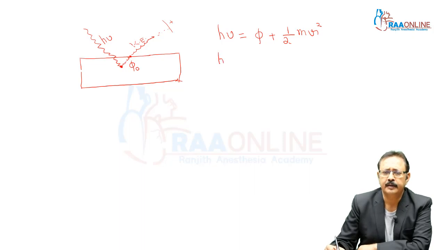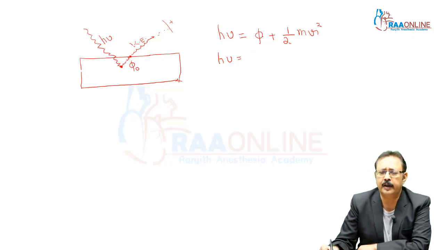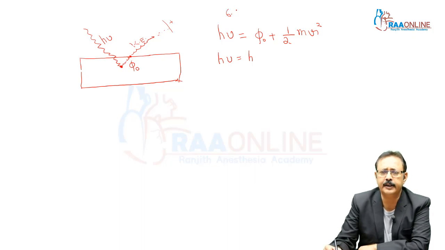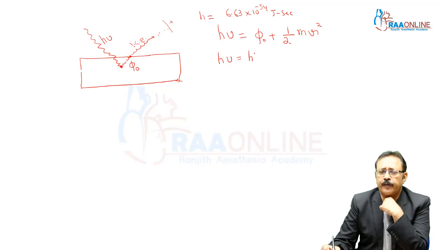We know that energy we can write in the form of h and nu, so we can write this also in that format, h into nu. h is a constant, known as Planck's constant. We know that its value is 6.63 into 10 to the power minus 34 joule second. So the frequency which is associated with phi naught is known as threshold frequency.